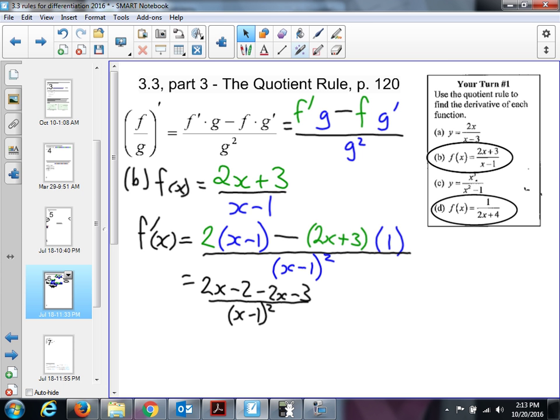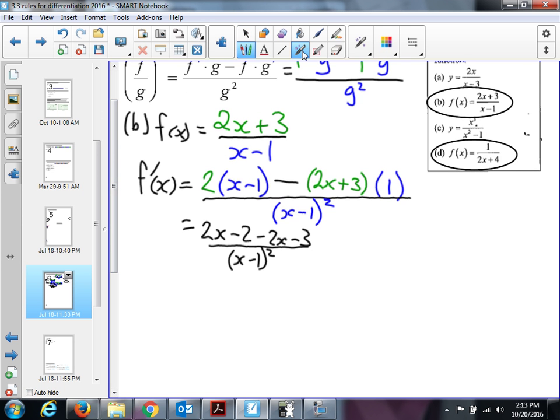Okay, collect like terms on the numerator. And you will see we've got 2x minus the other 2x, so that disappears. It's really negative 2 minus 3, so negative 5 over x minus 1 squared. Okay, that's the quotient rule.